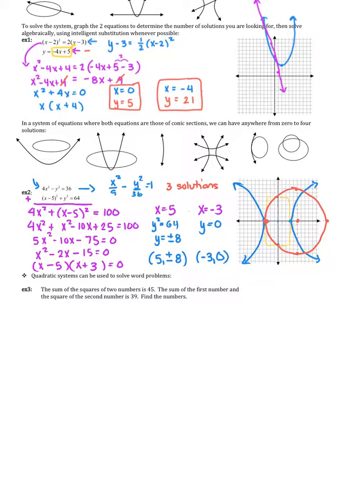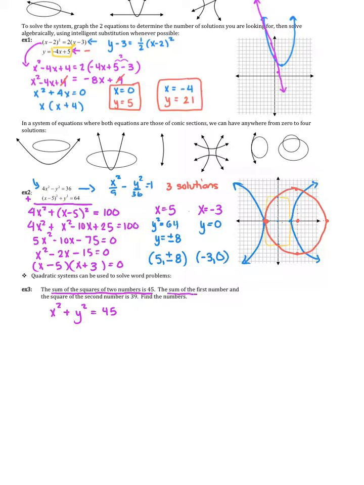Okay? And then the last little bit is just, you can do an application where it's in terms of words. So we have the sum of the squares of two numbers is 45. So I would say x squared plus, since it's a sum, y squared equals 45.